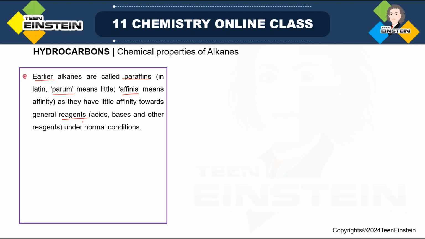But alkanes have little affinity towards all these general reagents under normal condition. Now if you apply some drastic conditions such as high temperature or high pressure, then the case is different. But under normal conditions, there is very little affinity for alkanes.